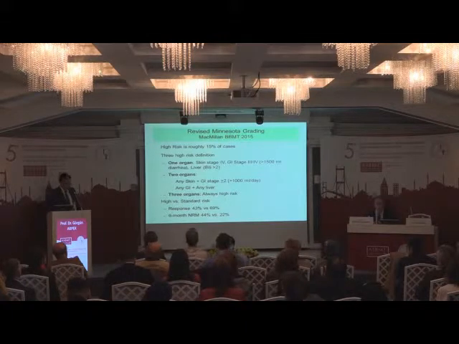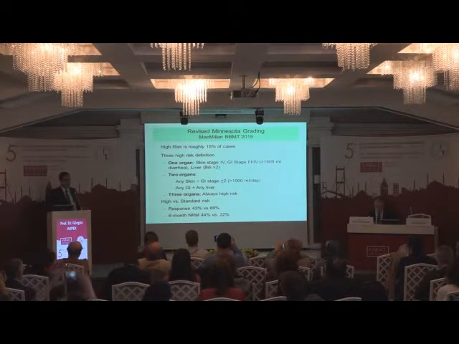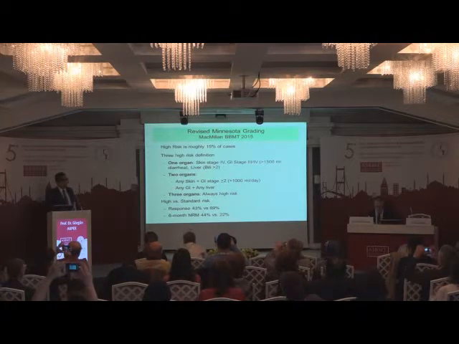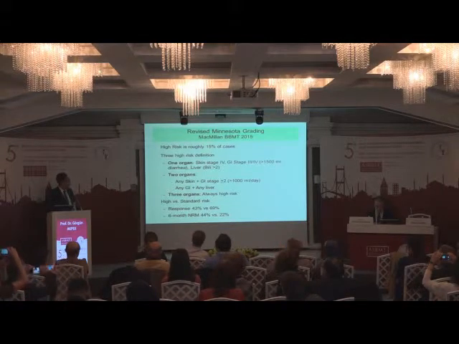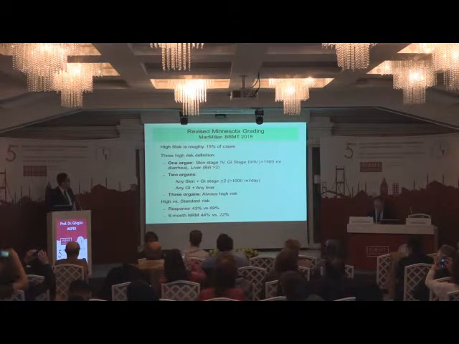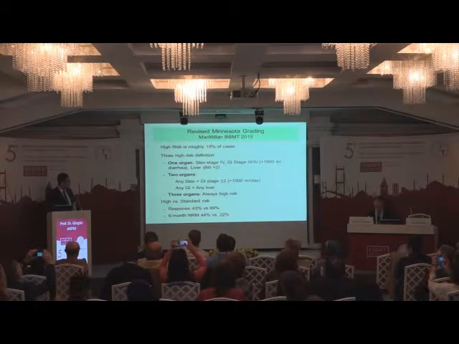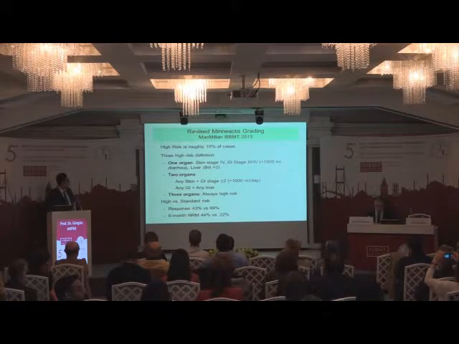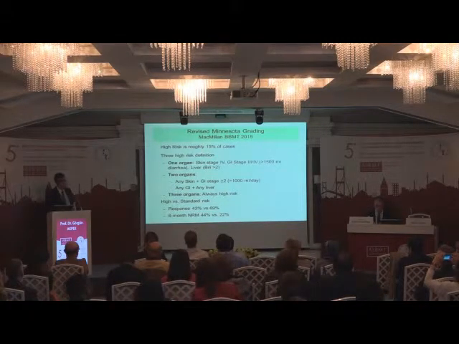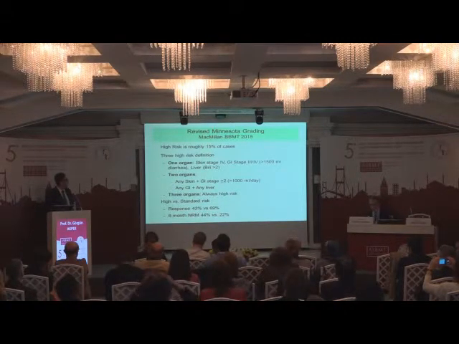And this was when the Minnesota grading came out. As we know, the Glucksberg grading system is still used widely, but this is a new version of grading. In this grading system, the high-risk patients were found to be about 15% of the cases, and there were three high-risk definitions based on the number of organs involved.